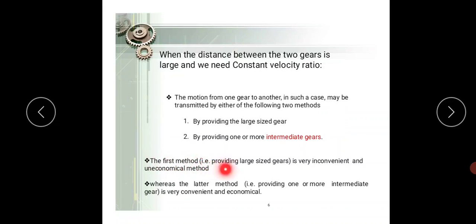The first method, providing large sized gears, is very inconvenient and uneconomical. It is not comfortable for use, and it increases the cost. The second method, providing one or more intermediate gears, is very convenient and economical.